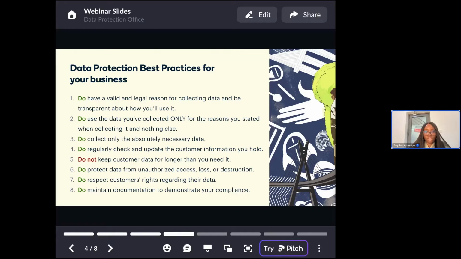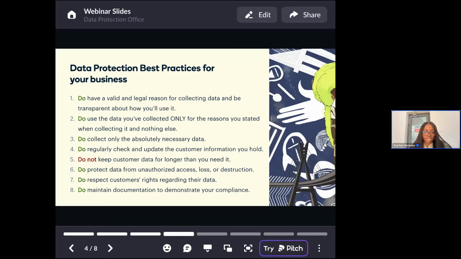All right, so moving on to the second point. Use the data you've collected only for the reasons you stated when collecting it and for nothing else. So if in your privacy policy, you say that you're collecting data to be able to fulfill orders for shoes or whatever it is that you're selling, you shouldn't then take that data and sell it to a third party or sell it to like a loan company who then starts harassing your customers with emails, and then your customers will be wondering how the loan company got their information.